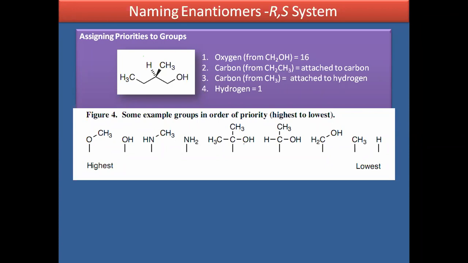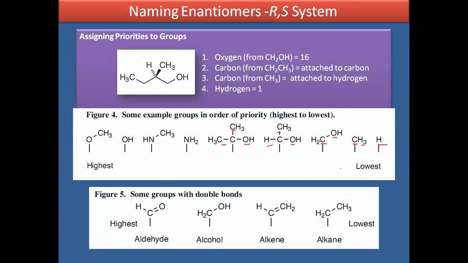Here hydroxy group with 2 carbon atoms. Here hydroxy group but 1 carbon and 1 hydrogen, means lowest priority. Here carbon with 1 hydroxy group. Here carbon with 3 hydrogens, and hydrogen is the lowest priority group because the first member of the periodic table is hydrogen. First atomic number is hydrogen. So lowest priority is always with hydrogen.